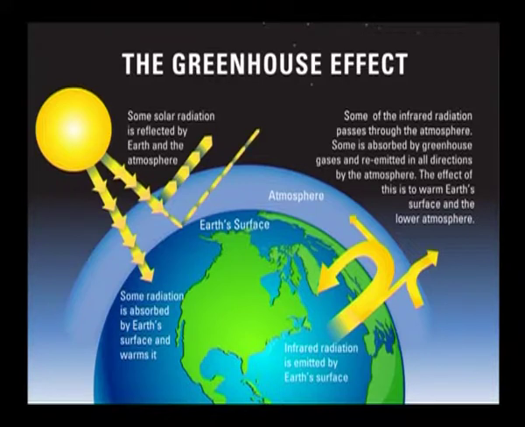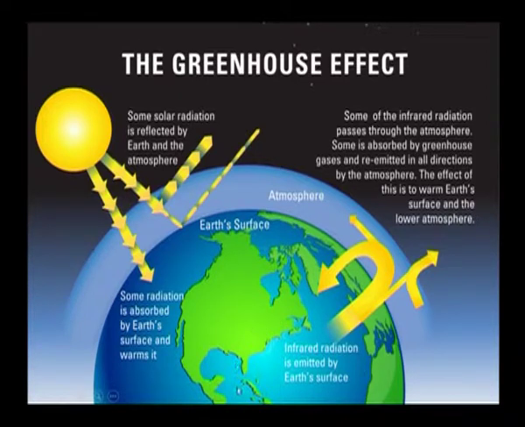This is the typical greenhouse effect, where solar radiation is reflected by the Earth and the atmosphere. Earth's surface absorbs some radiation and uses it for warming up, and some is re-radiated back because of the presence of water and water vapor. Then what happens at the atmospheric level?